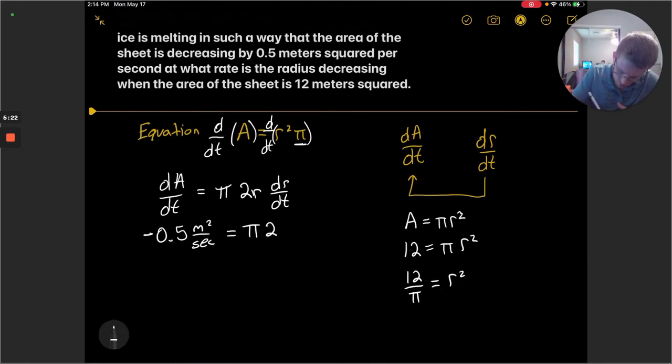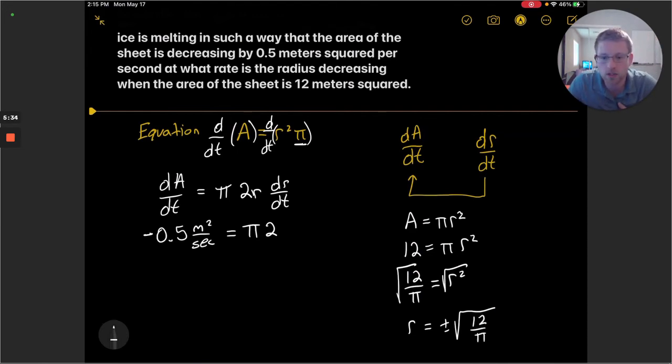And if we take the square root of both sides, we get that r is equal to plus or minus the square root of 12 over pi. But here we're working with positive distances, so we can simply use the positive root for our r variable. So we'll take this as the square root of 12 over the square root of pi.